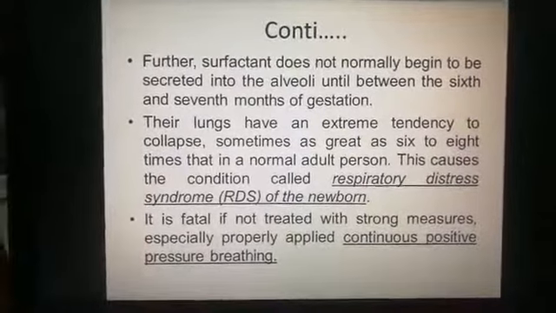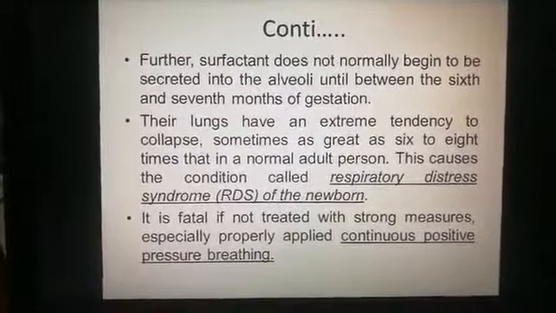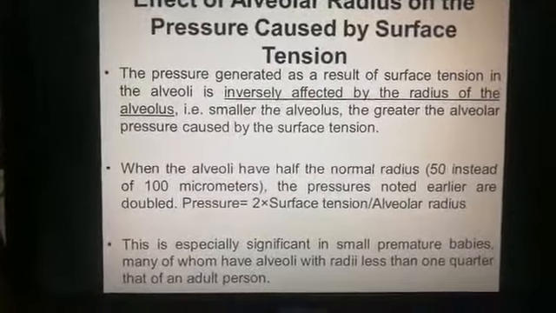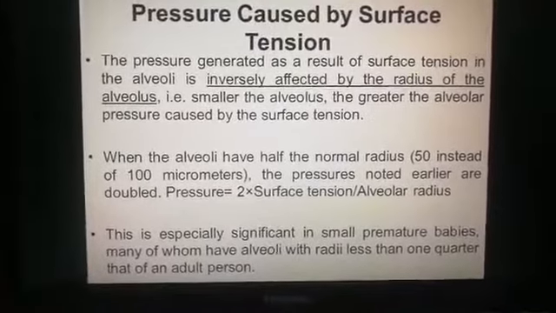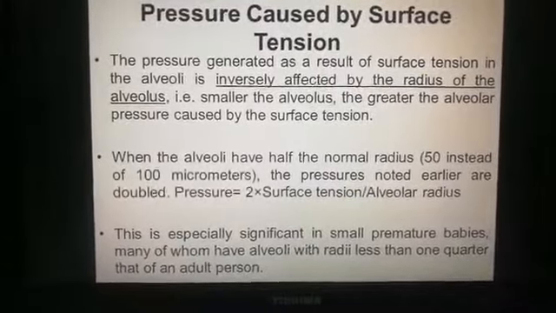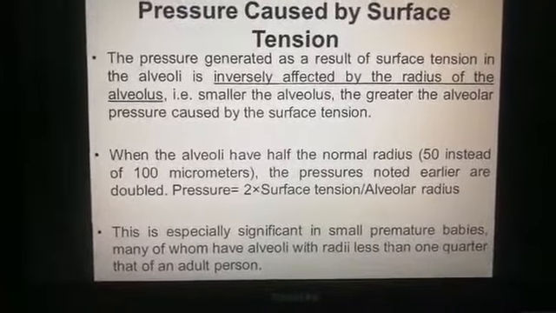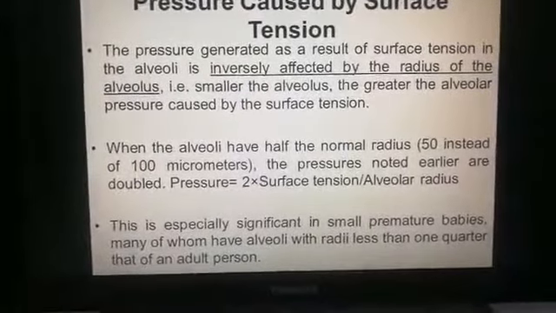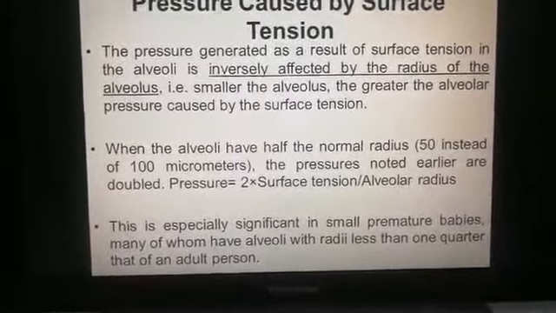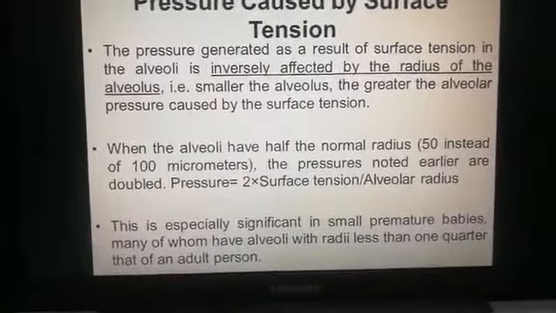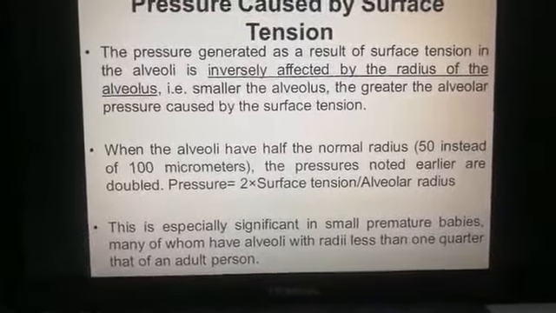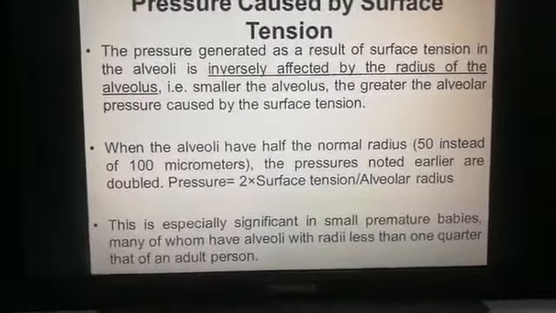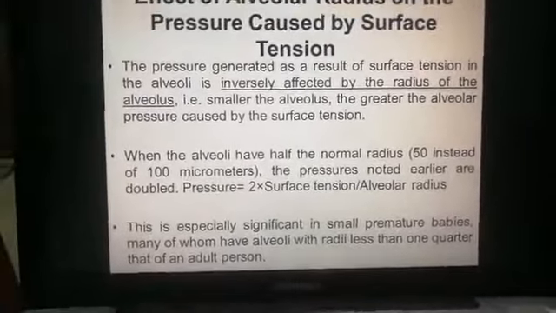Further, surfactant does not normally begin to be secreted into the alveoli until between the 6th and 7th month of gestation. This is especially significant in small premature babies, many of whom have alveoli with a radius less than 1/4 that of an adult person.